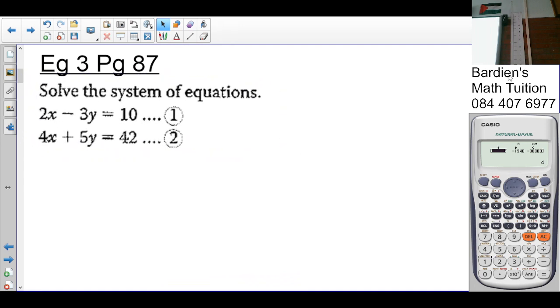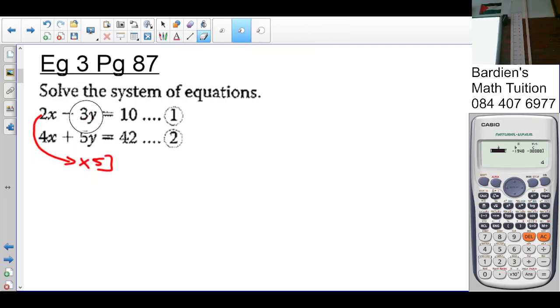So what's the coefficient of the y's? It's 3 and 5. So what is the lowest common multiple between 3 and 5? 15. So the first line must be multiplied by what? 5, so that I can get 15 in front of y. Make sense? Okay?